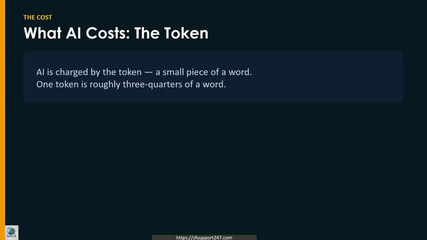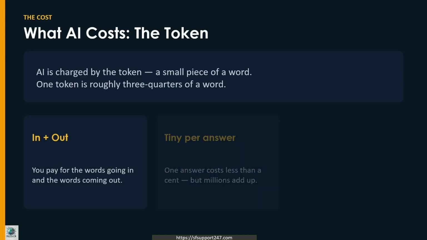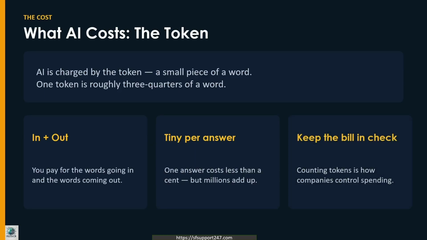Like that, in AI the cost is measured in tokens. In and out, you pay for the words going in, and the words coming out, you pay for both. One answer costs less than a cent, but millions will add up pretty fast. Keep the bill in check. Counting tokens is how companies control spending.